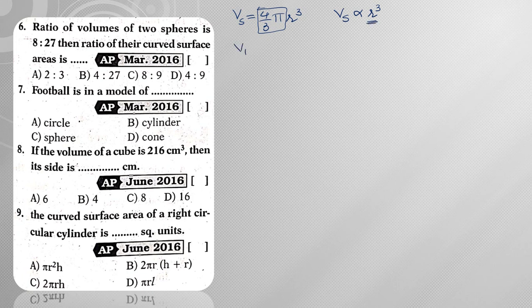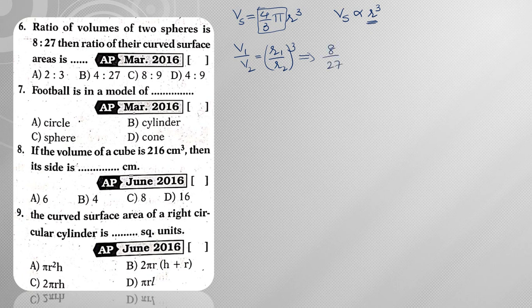Based on this, V1 by V2 is equal to R1 by R2 whole cube. The ratio of volumes of the two spheres is already given as 8 by 27.